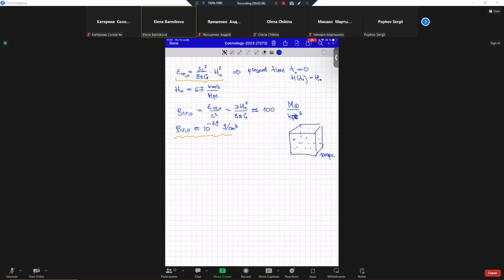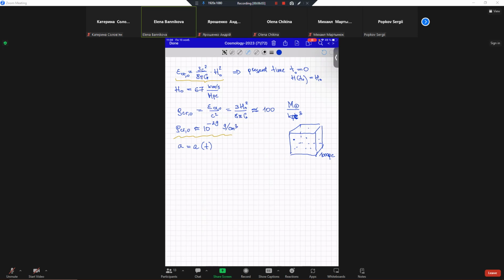So the final goal is to find the dependence of the scale factor on time. In this case we will understand how the space and the universe evolve, by which law in the future, and how it was in the past, and try to match this with observational data.